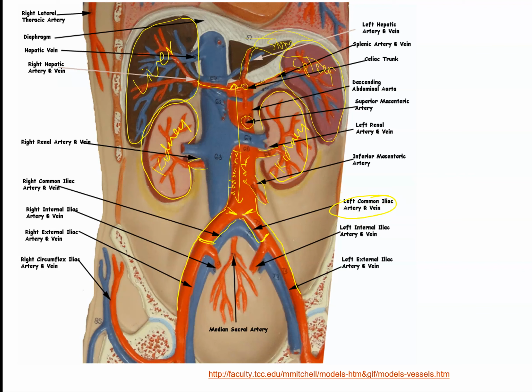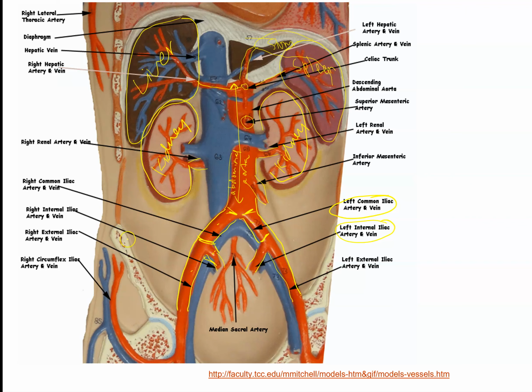Just to preview, you do have a left and a right, and as you'll see in the next picture in your book, that's then going to split, and you'll have an internal iliac artery diving internally, and then continuing out here, your external iliac artery. So where that split is, that's where you have your internal and external iliac arteries.